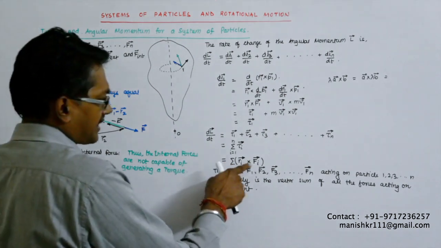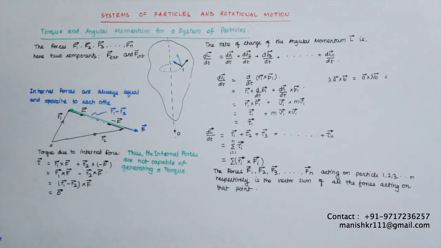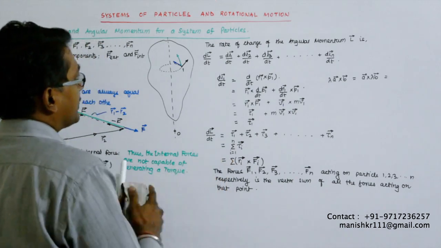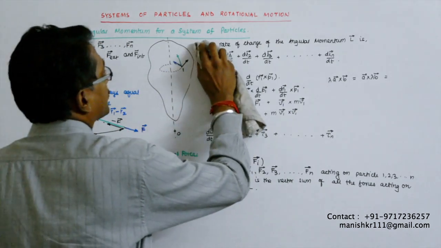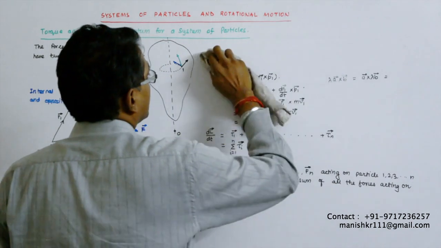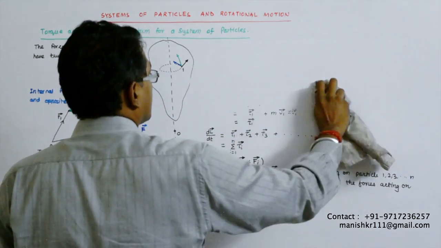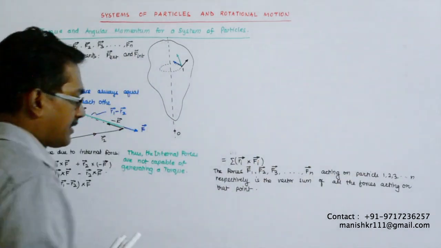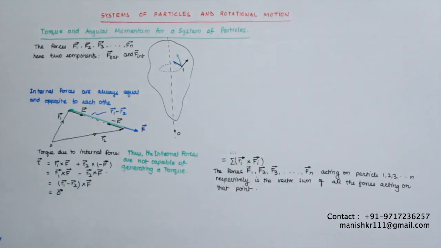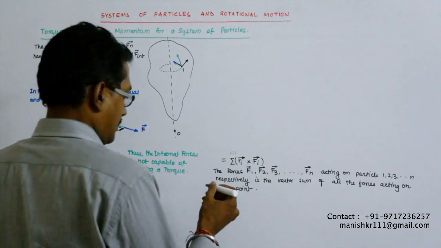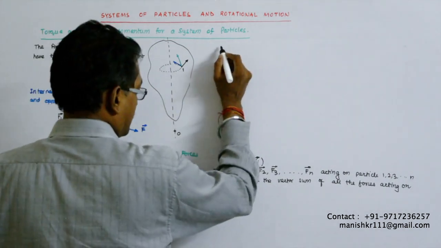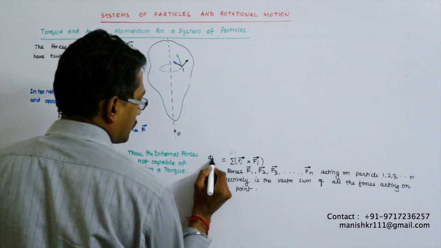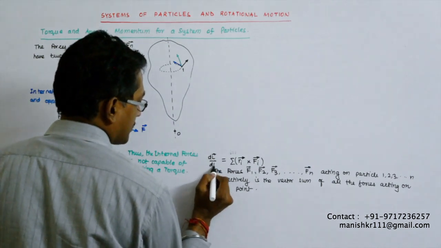I had something like this. I'll leave this and I'll erase this, okay? So what happens actually, this was dL by dt, right?